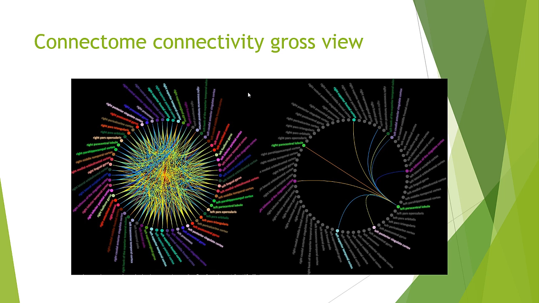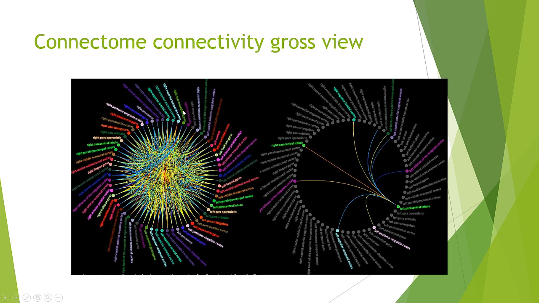And this is another view of the brain connectivity. We can see there are different regions, and in different regions you have different neurons clustering, and you have different names for the neurons for each region.